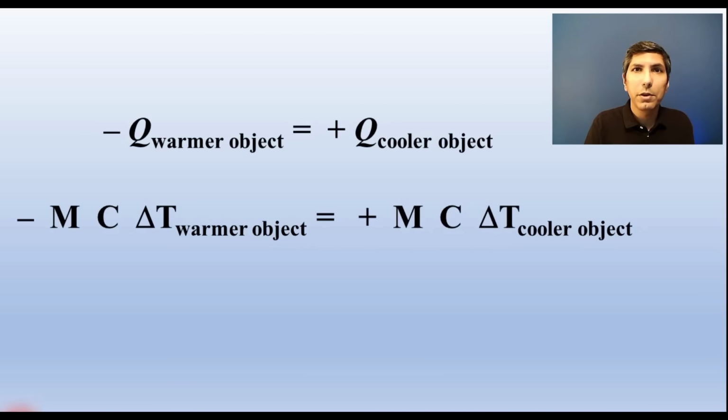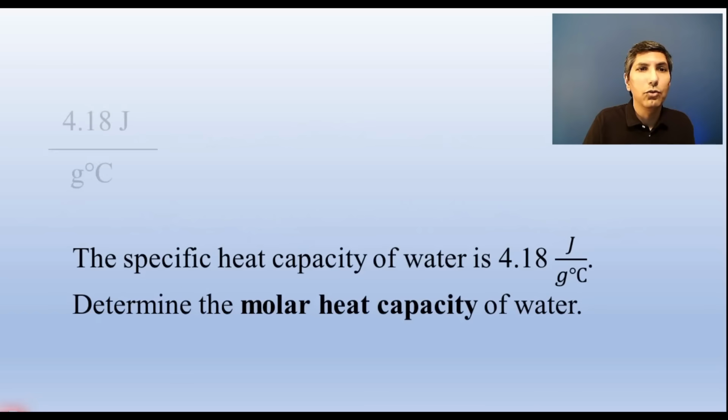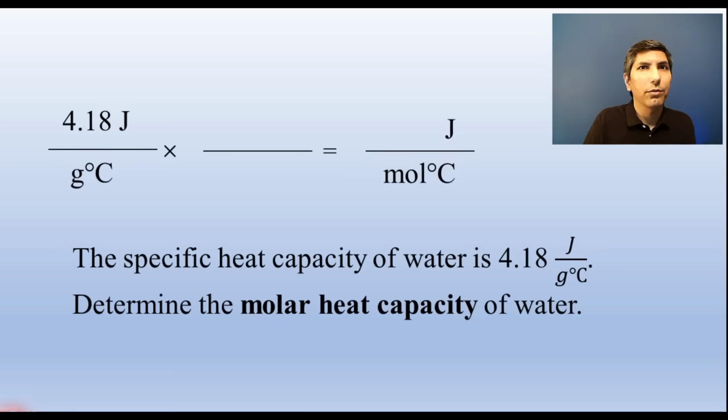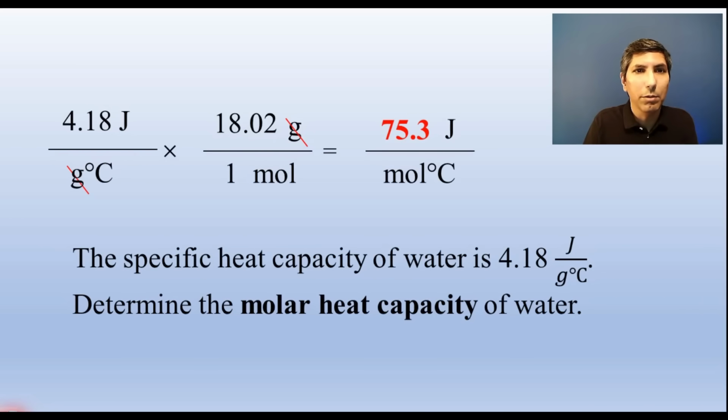Also, we usually compute specific heat capacity in joules per gram degree Celsius, but we can also express it in joules per mole degree Celsius by simply converting grams of the material to moles, just like this. One last thing. When we use this equation for measuring temperature changes during a heating or cooling process, if we have a phase change or an actual chemical reaction, we'd use another way to calculate heat change.